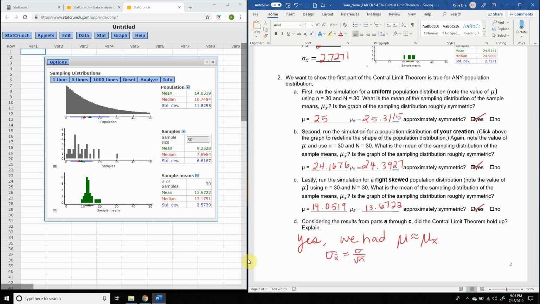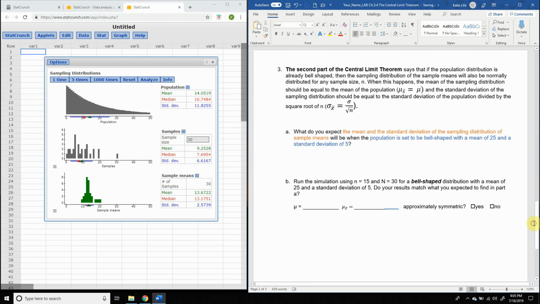We could do that. And every time, because we were taking a sample large enough, we also had a sampling distribution that was approximately symmetric. So part 1 of the central limit theorem, according to this simulator, looks pretty good. So however you want to explain that in part D, I will leave that up to you.